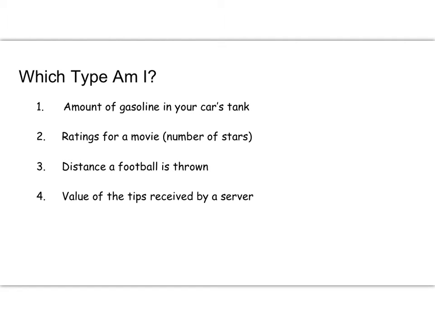So let's take a look at a few different examples. The amount of gasoline in your car's tank. You need to ask yourself, do I measure that or do I count that? Well, I don't know about you, but I measure the amount of gas in my car's tank. I don't know of any way to count it. So this would be continuous.